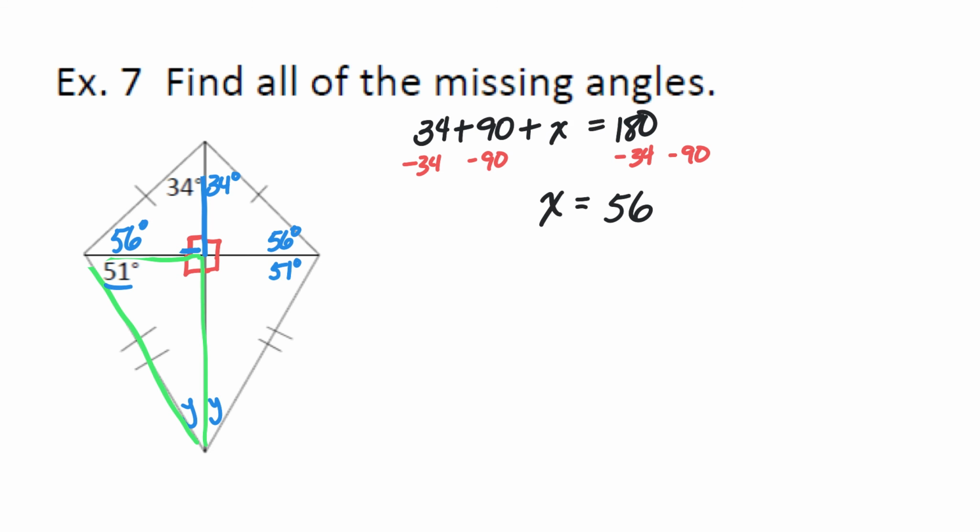So in the bottom there, we have the green right triangle. We know there's 180 degrees. 90 of them belong at the 90-degree angle. So the other two angles combine to equal 90 degrees, the 51 plus the angle which I called Y. So what we do is we subtract our 51 away from our 90.